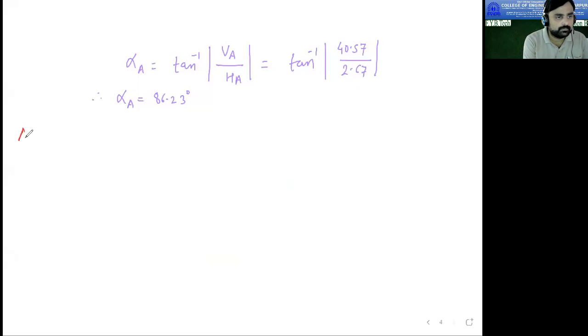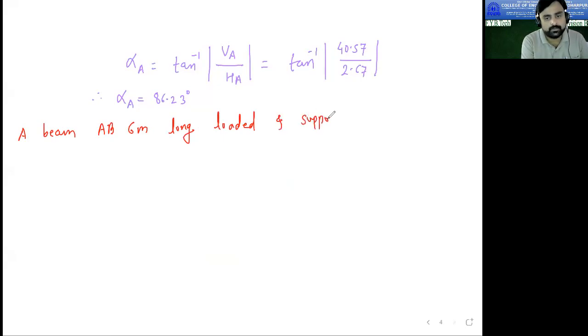A beam AB, 6 meter long, loaded and supported as shown in figure.